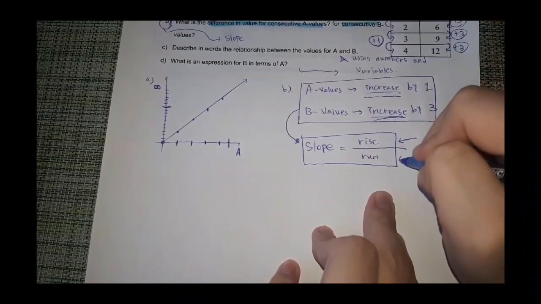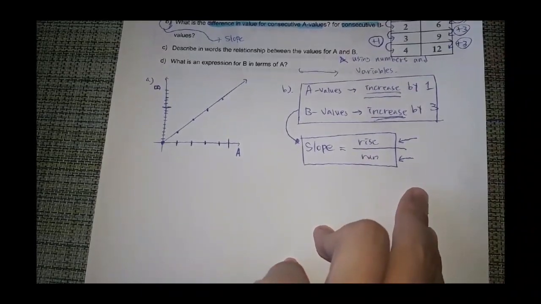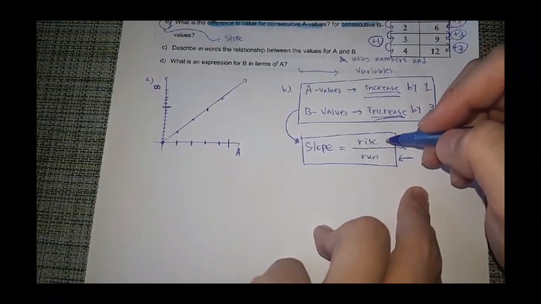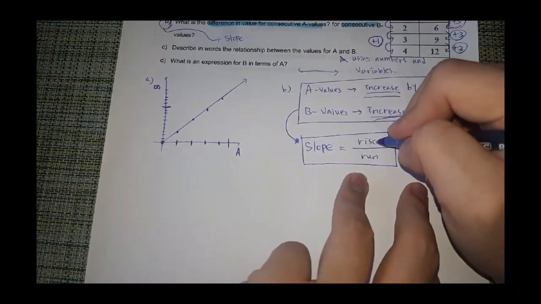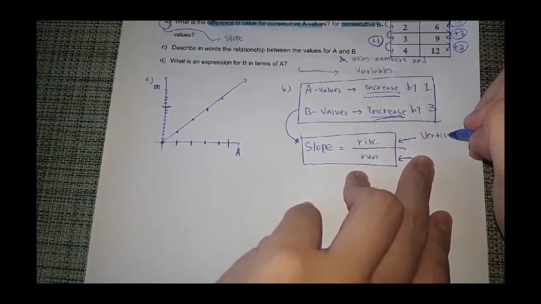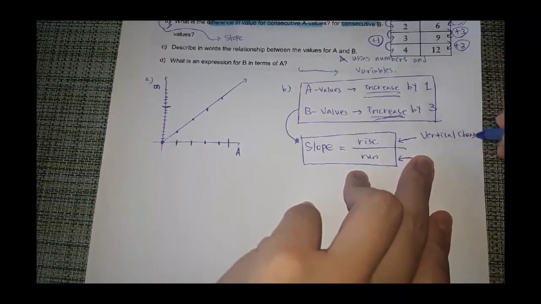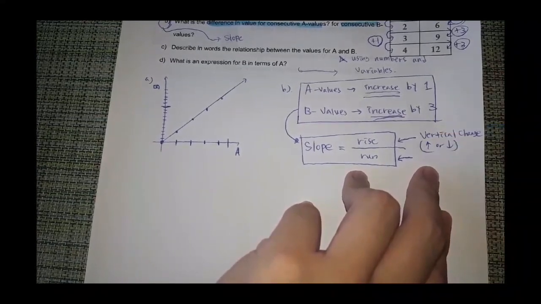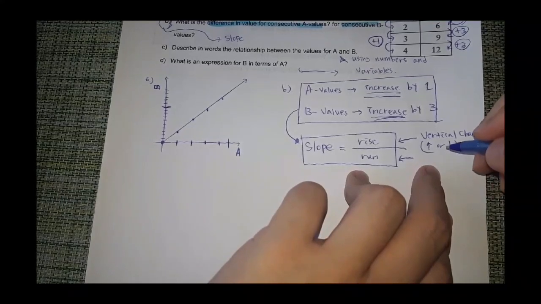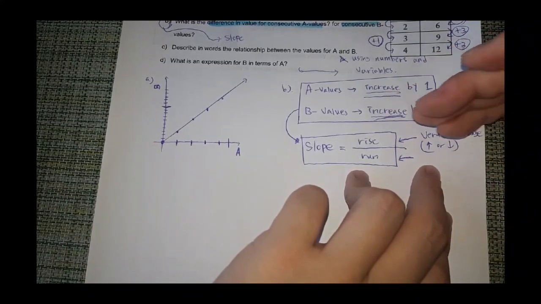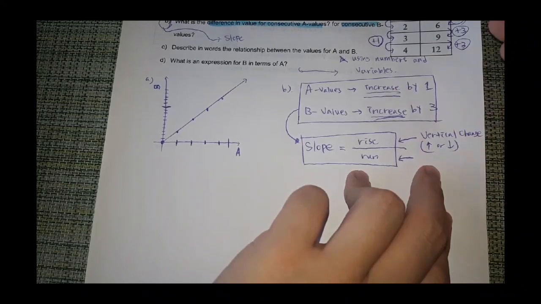But some people ask, what do you mean rise over run? I like this method, and at the same time I dislike this method because of one reason. When people mention rise, that's vertical change. What I mean by that is, are you going up by something or are you going down by something? In English, the word rise means everything is going up.